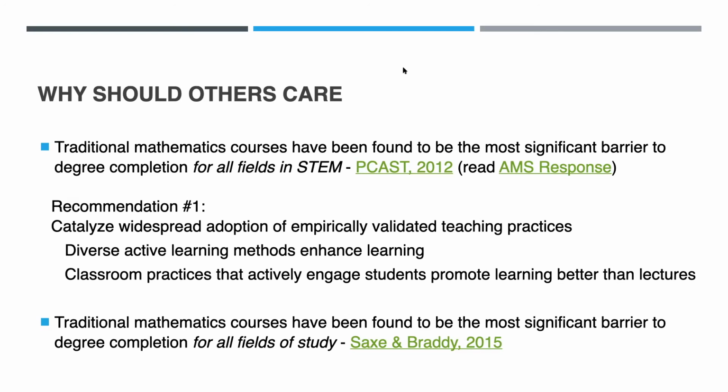And they were simply saying what people already knew, that we are not well prepared to maintain our position in the world as leaders in terms of technology and innovation, unless we improve our STEM workforce. And one of the things that they claim in the report is that we are not doing a good job. Like, traditional mathematics courses, I'm just reading from the slide, have been found to be the most significant barrier to degree completion for all fields in STEM.